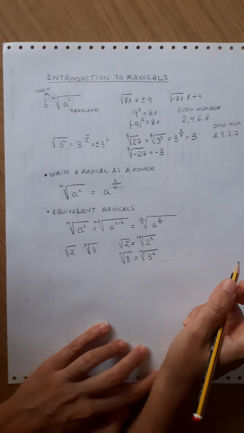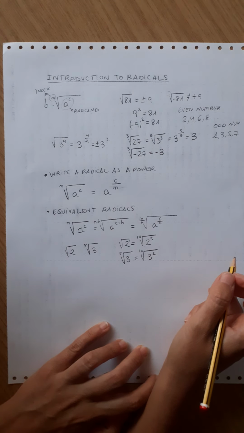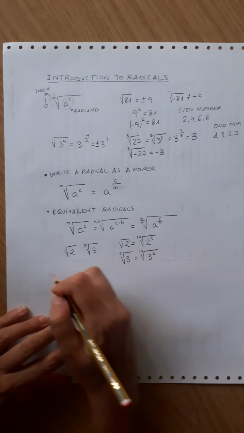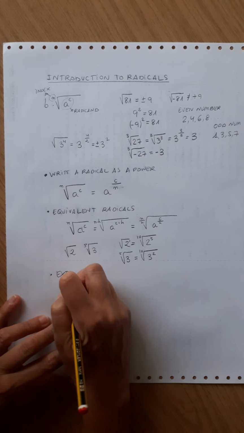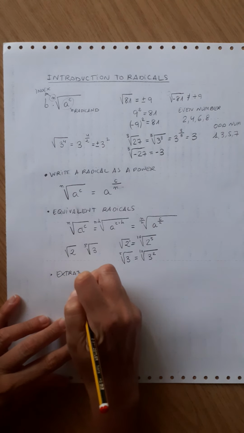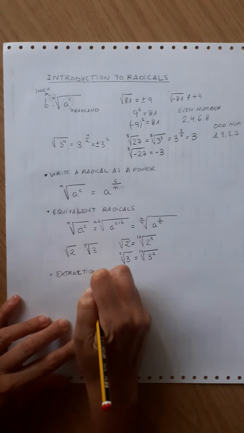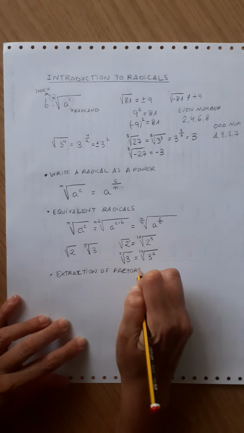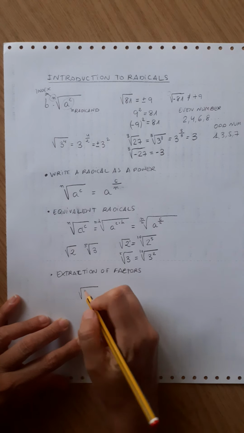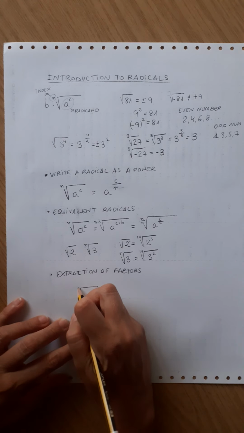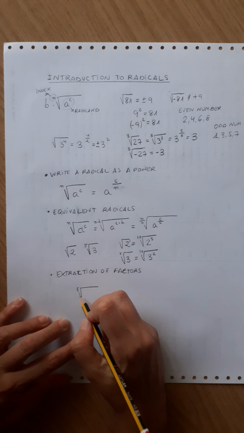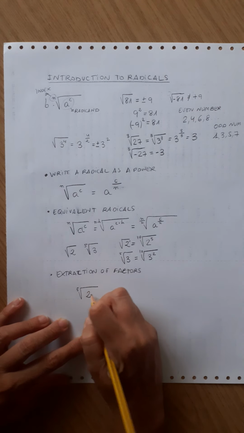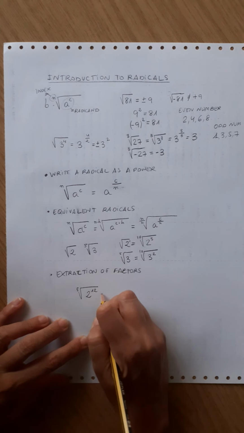All right, and I'm going to end talking about extraction of factors. So if inside a radical, for example, let's say here I have an index of 5, and here I have 2 to the power of 12.